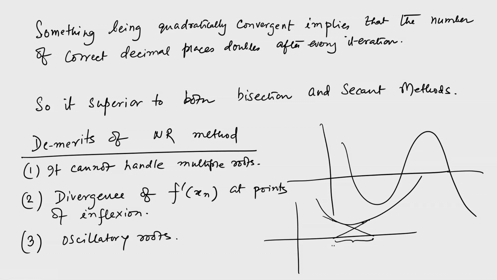So, this is say x n and this is x n plus 1, they are completely in different directions. And of course, these oscillatory solutions will cause confusion and will not let it converge. And of course, the convergence is only quadratic and not powers greater than this.